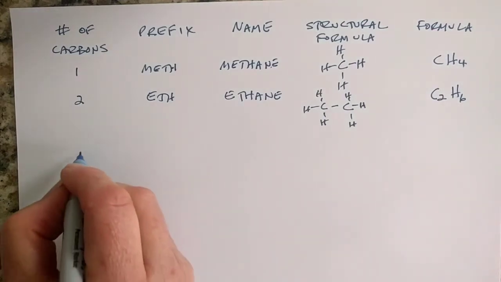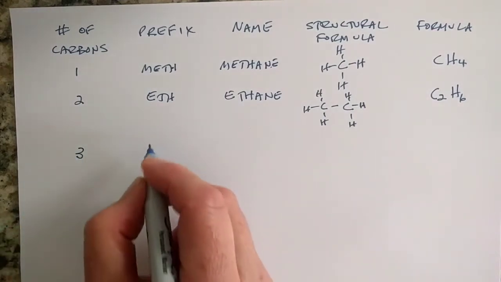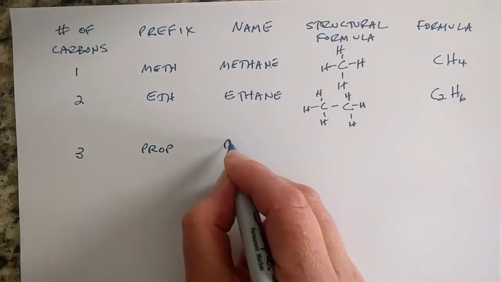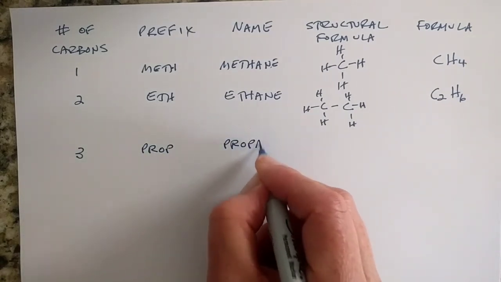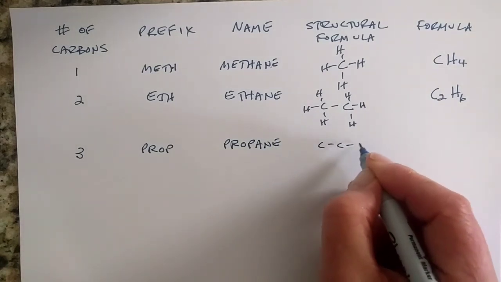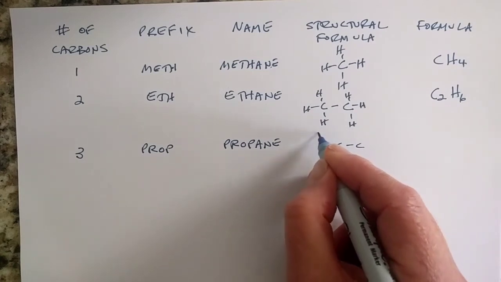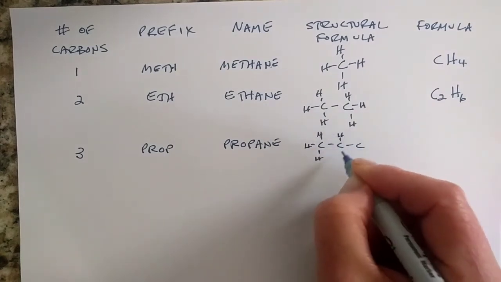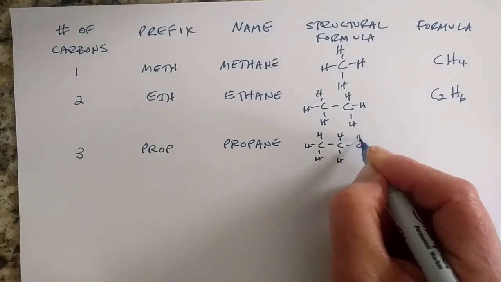All right, if we have 3 carbons, our prefix is prop. So our compound name is propane. And we would have carbon bonded to carbon, all single bonds. Fill in with hydrogen so that each carbon has 4 bonds around it.